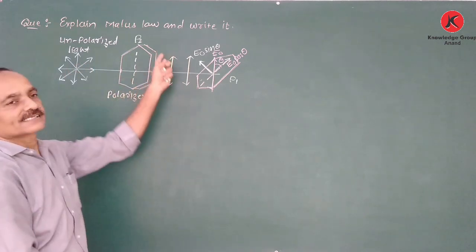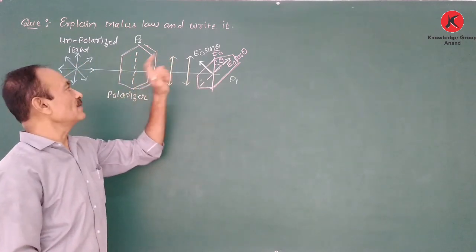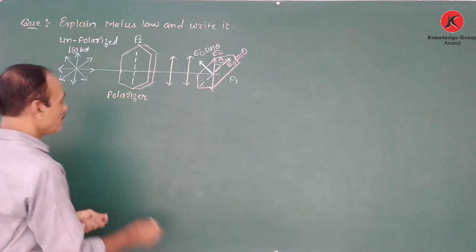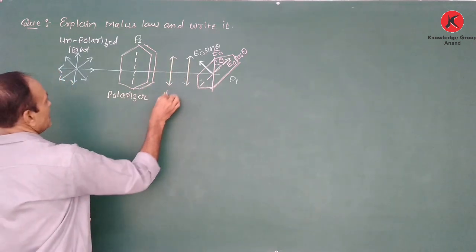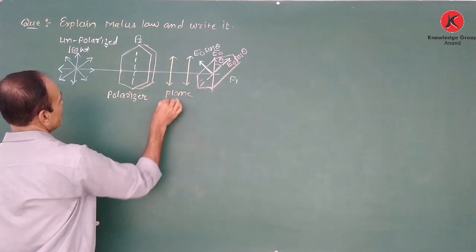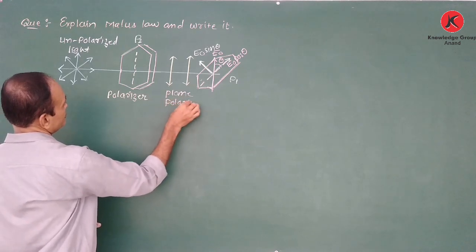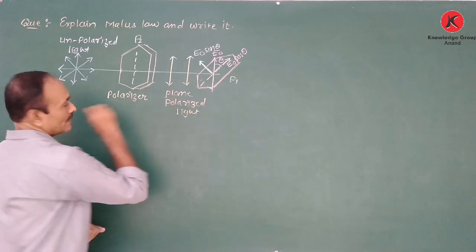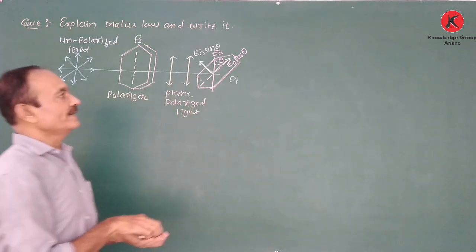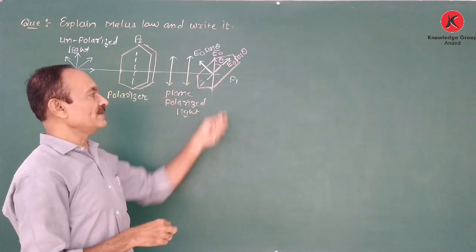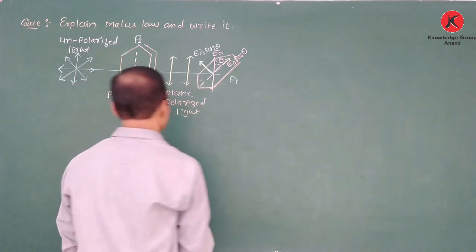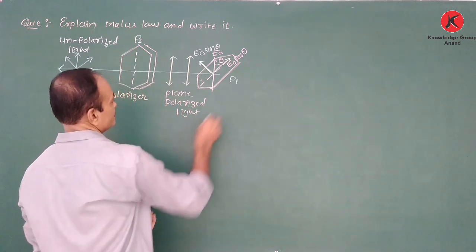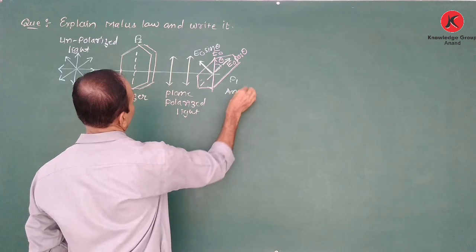As a result, the light emerging from the polarizer is plane polarized light. Next, it is incident on another sheet P1, which is our analyzer.